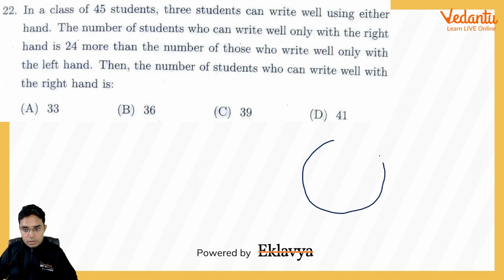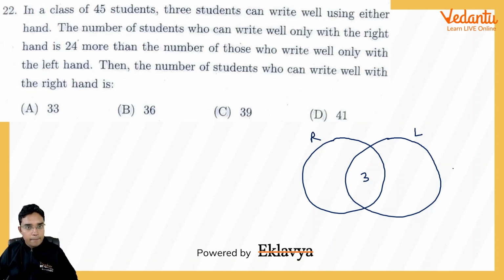So let us try to use this set theory concept here. In this, 3 students can write well using either hand, so either right hand or left hand. There are a total of 45 students. 3 are those who can write using both hands. Number of students who can write well only with the right hand, suppose this is x here and this is y here.